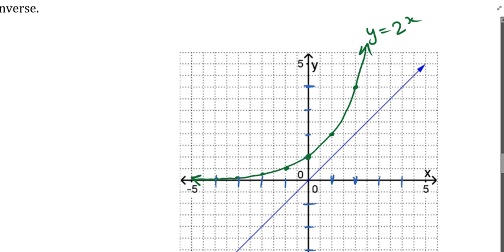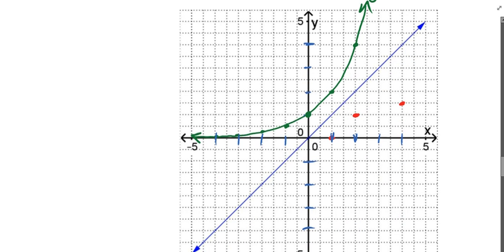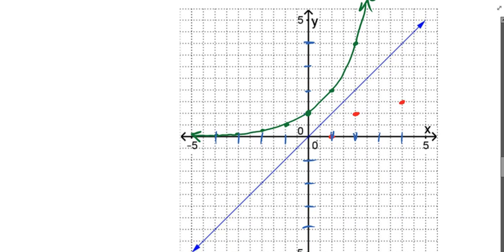0, 1 becomes 1, 0. 1, 2 becomes 2, 1. 2, 4 becomes 4, 2. Negative 1, a half becomes a half, negative 1.